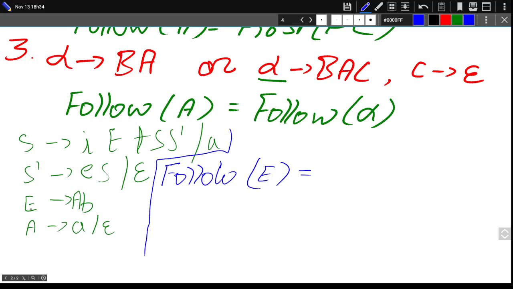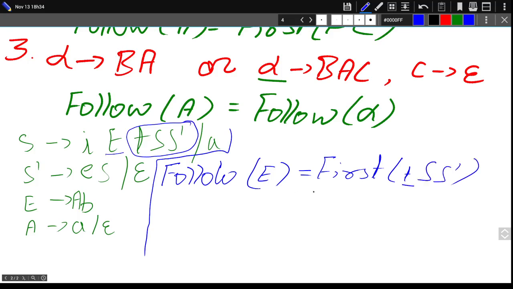For finding first of E we saw this part. Now for follow of E we see where E appeared on the right hand side. It is here, so after E, whatever the part is, first of T S S dash. T is a terminal, so this is T.